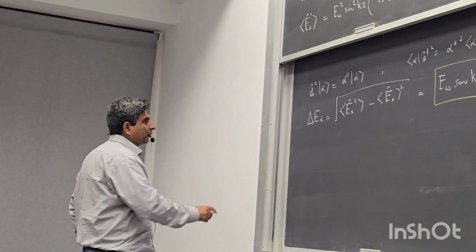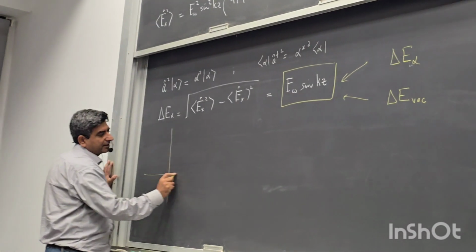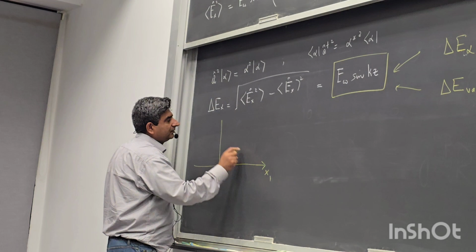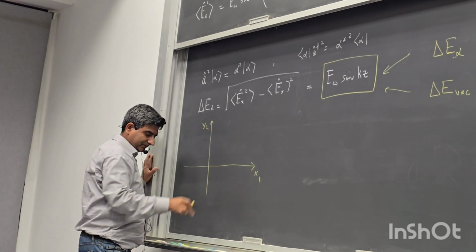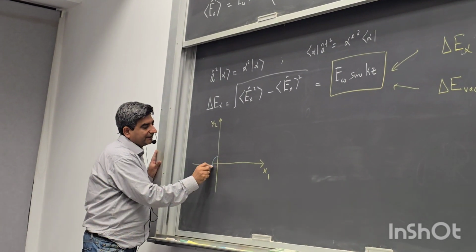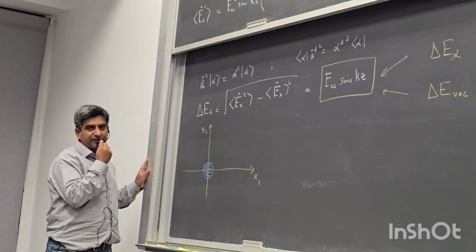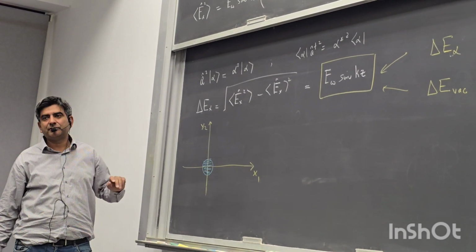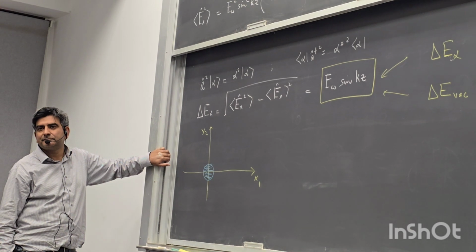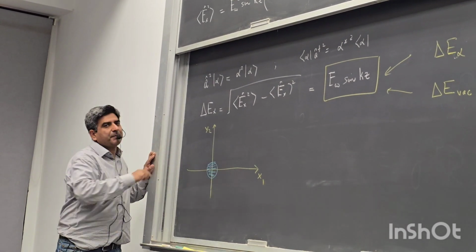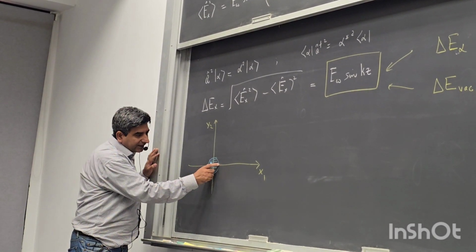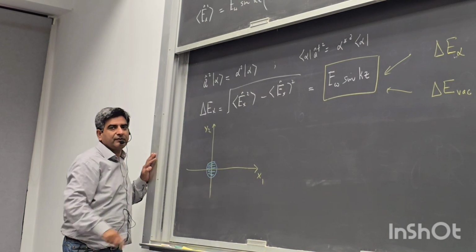Now if I were to plot the vacuum state on my phase space, it looks like a very nice symmetrical blob here, a circle at the origin. And it has minimum uncertainty. This width is 1/2, this width is 1/2.